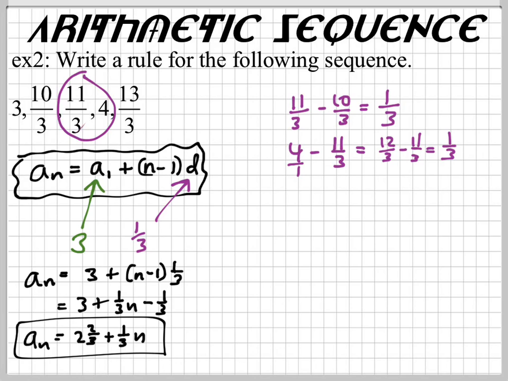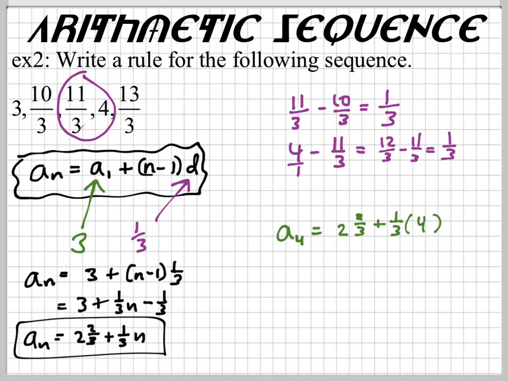Let's see if it works. Let's do the fourth term, a sub 4. If it works, we'll get a 4 for a sub 4. So let's plug it in. We get 2 and 2/3 plus 1/3 times, what am I multiplying it by? 4.